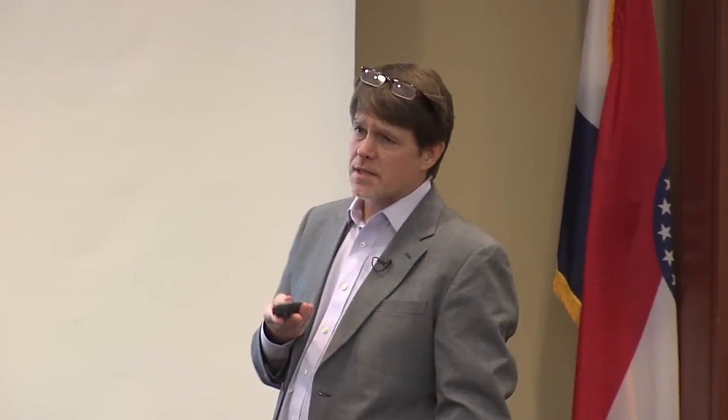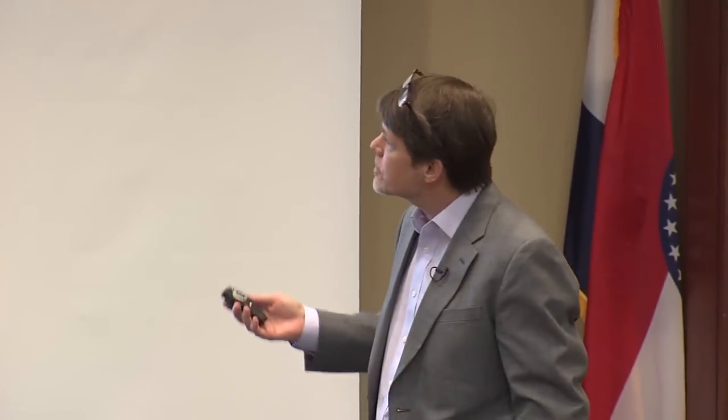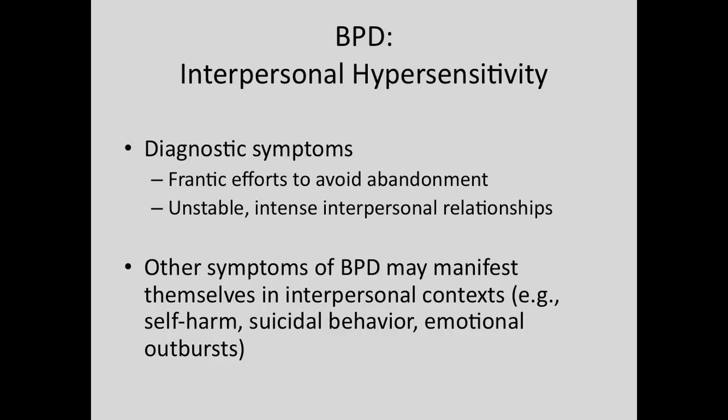You do see this reflected in a couple of diagnostic features specifically: frantic efforts to avoid abandonment, and unstable, intense interpersonal relationships. But it's also important to recognize that many of the other features of BPD manifest themselves in an interpersonal context.